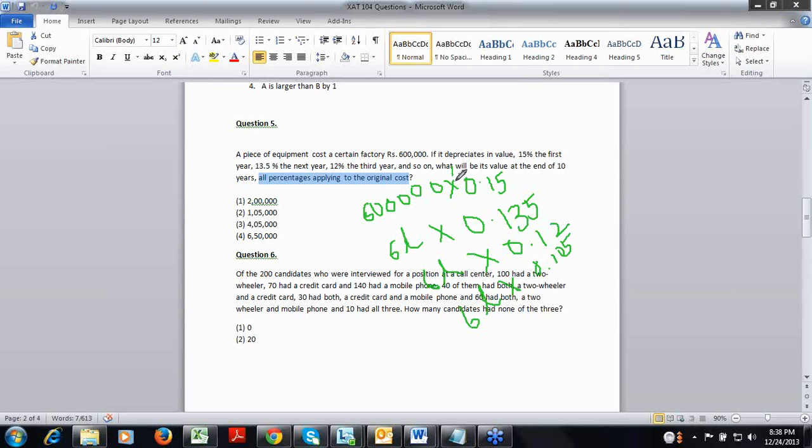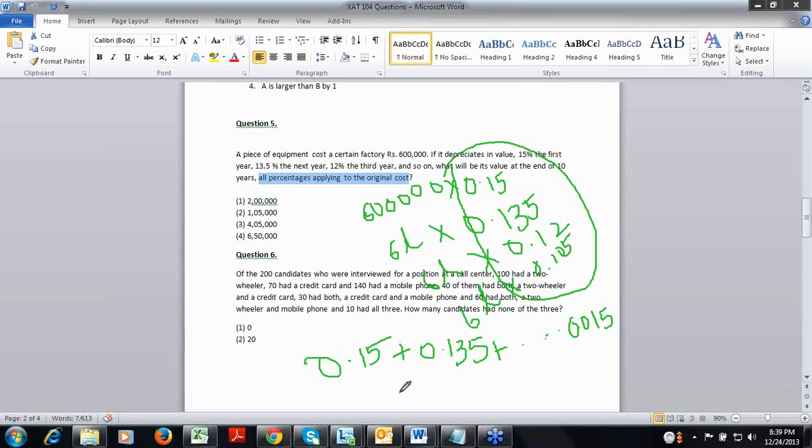So these values will form an AP. So we need to calculate how much it actually depreciates. So how much does it depreciate? 0.15 plus 0.135 plus, similarly, till 0.015.